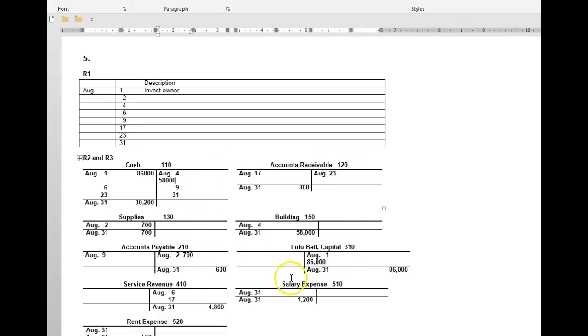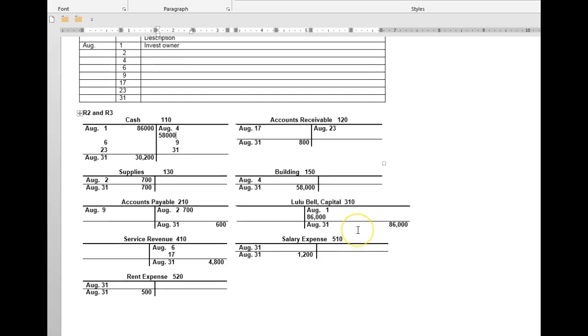Supplies, accounts payable. How about buildings? So there's the building. Okay, I feel much better now. I need to credit the building. I haven't removed it. I've bought it. I need to put it in. Excuse me. $58,000.